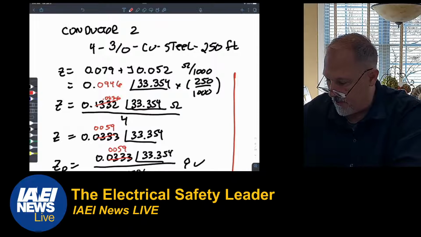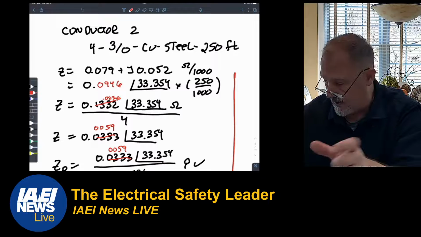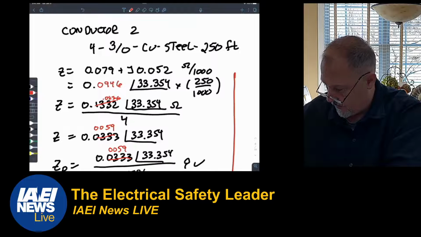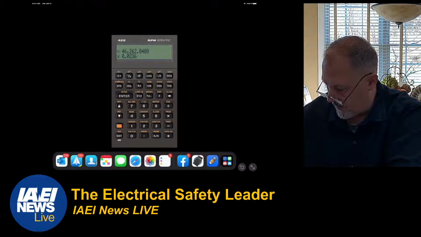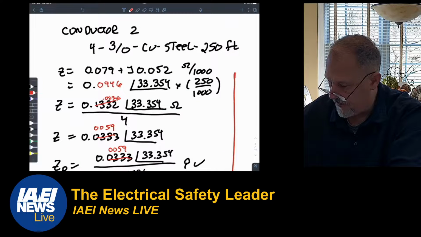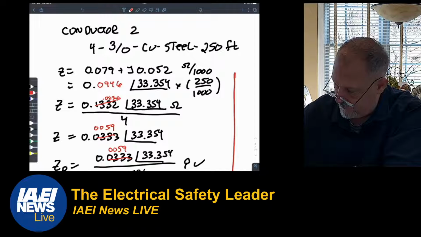Now, if I take 0.0946 times 250 over 1,000, because there's only 250 feet, divide that by 1,000, I get 0.0236. So instead of 0.1332, I should have 0.0236.